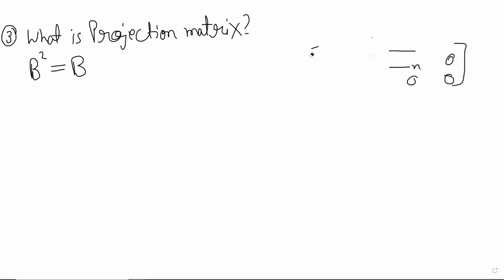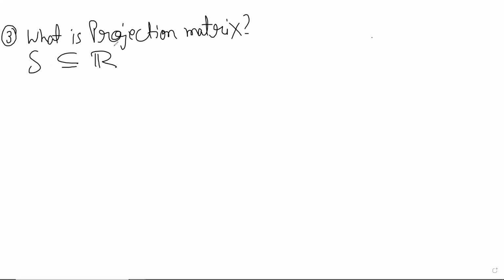The definition is given as: let S be a subspace of F to the power n. Okay, we'll write the definition. S is in R to the power n, and it is a subspace. That's important.